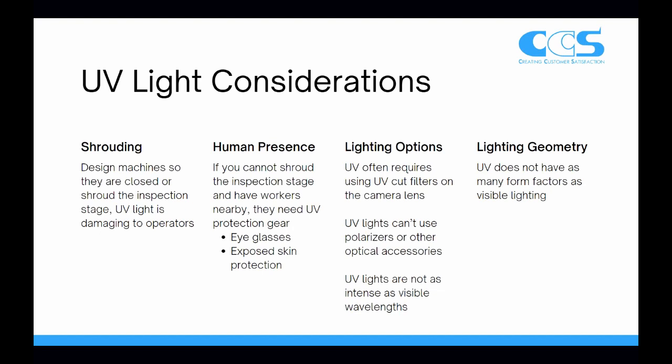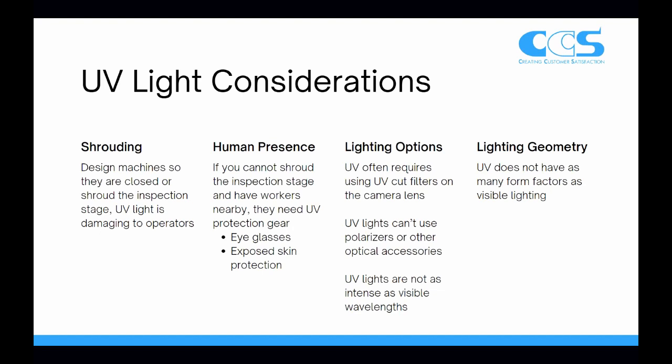And then the lighting geometry: UV does not have as many form factors as visible lighting, kind of because of the UV curing properties. We can't use it to make an LFXV, for example, or a coaxial light. That being said, typically when you're doing UV, you just need the wavelength.